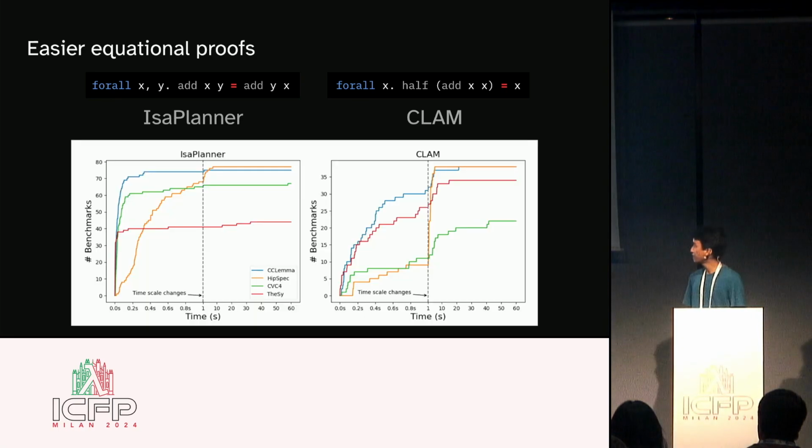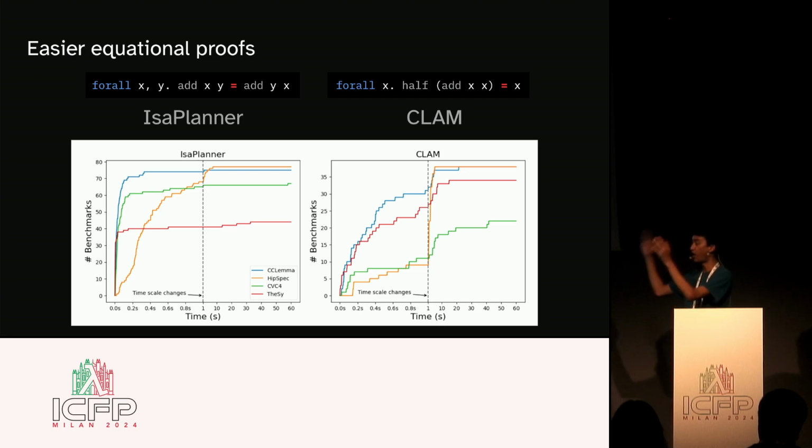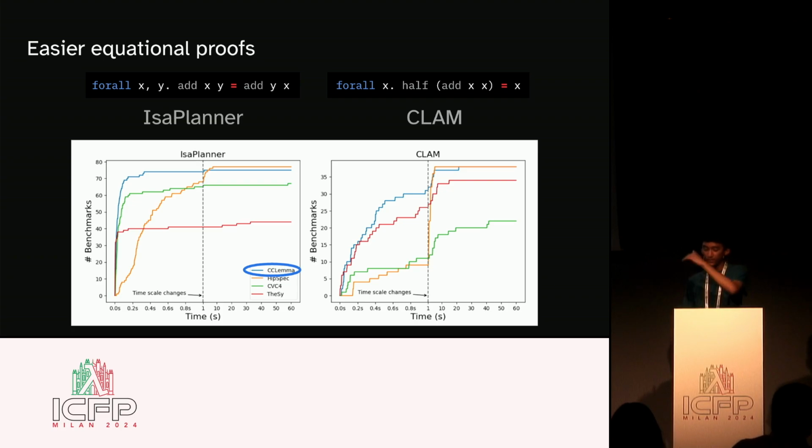So I'm going to show you the results of our evaluation here. If you're not familiar with cactus plots, the way you can read it is that at time 1, each of these theorem provers has been given 1 second to run on each of the benchmarks individually. We just tally up how many benchmarks it can prove within 1 second. So CCLemma, our tool, is generally speaking up and to the left.